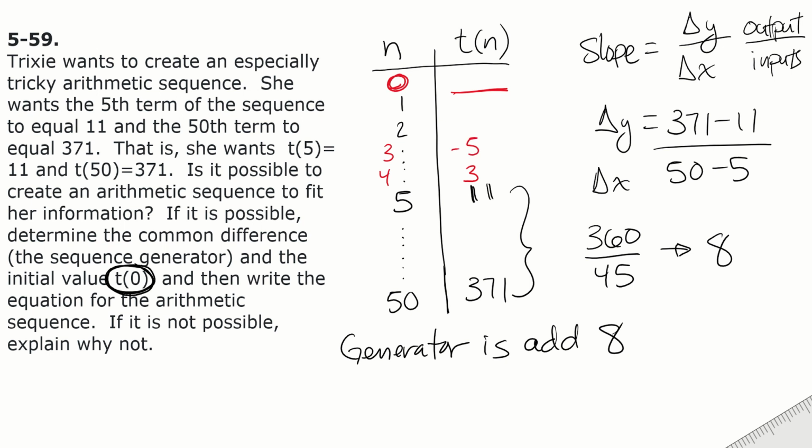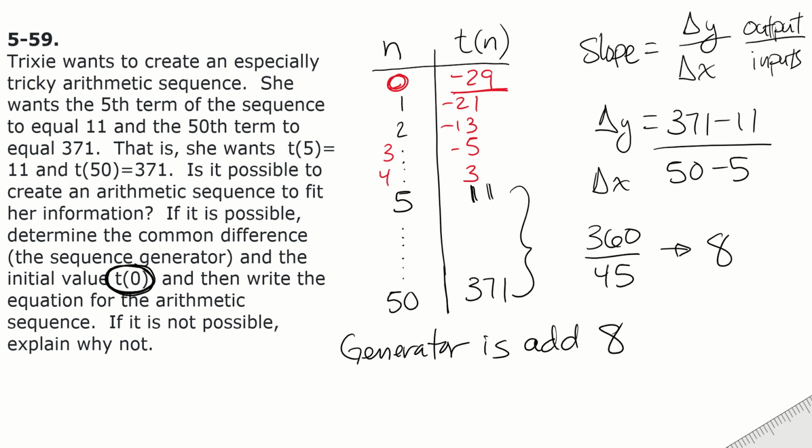Then the second term would have to be negative 13, and the first term would have to be negative 21. If I went back one more, the 0th term, which is not part of the sequence but is important for the equation, is negative 29.